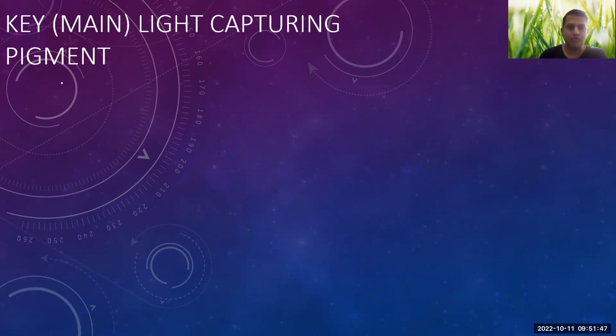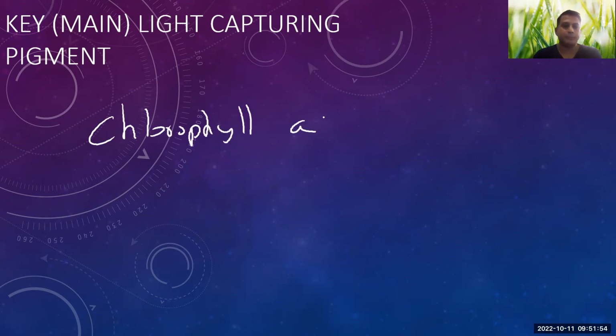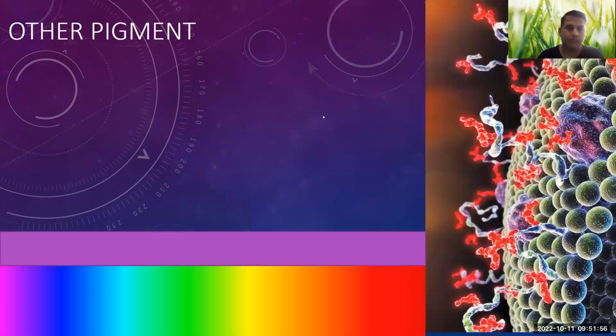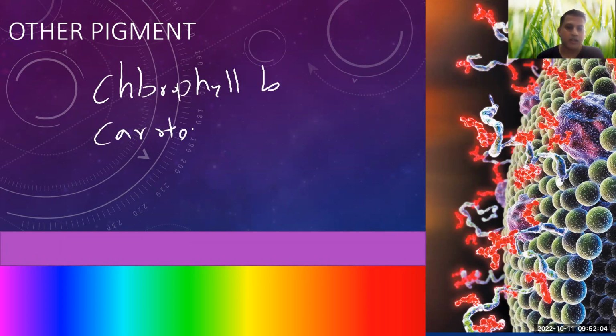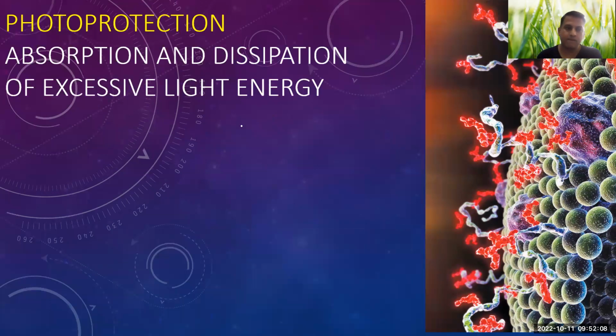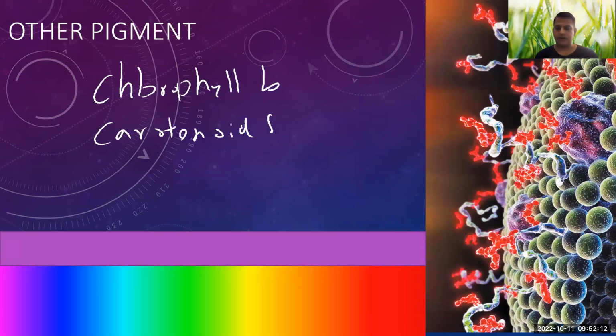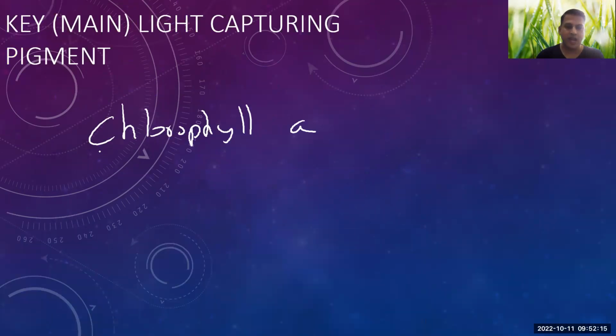The key light capturing pigment is chlorophyll A. Other pigments are chlorophyll B and carotenoids. Okay, then what is the function of chlorophyll A?